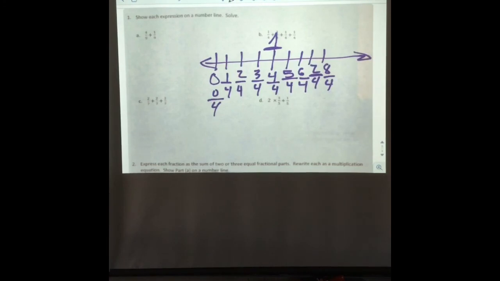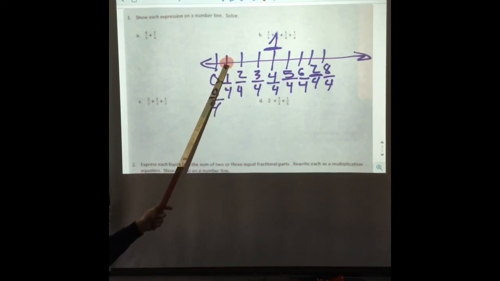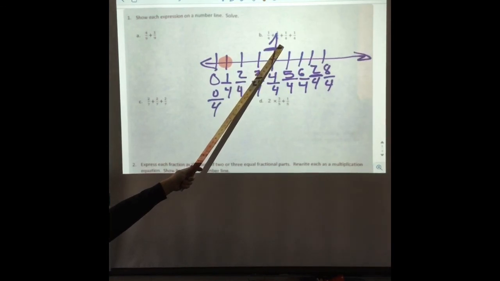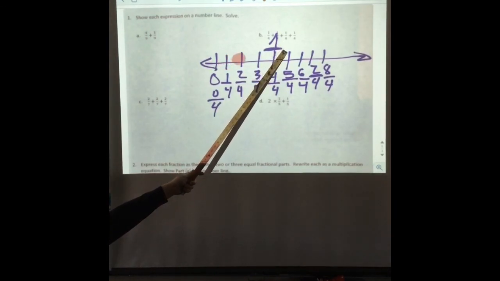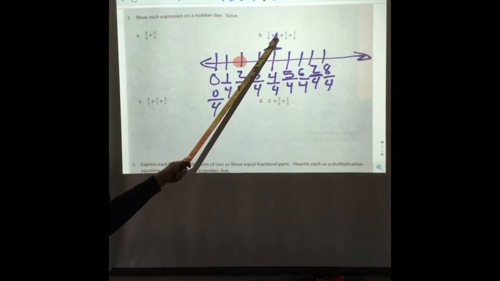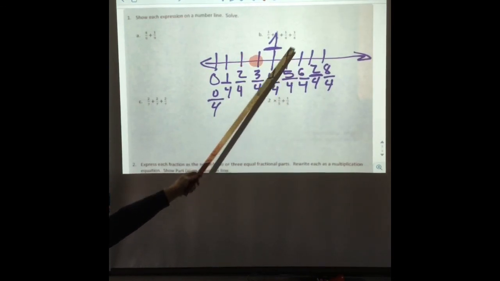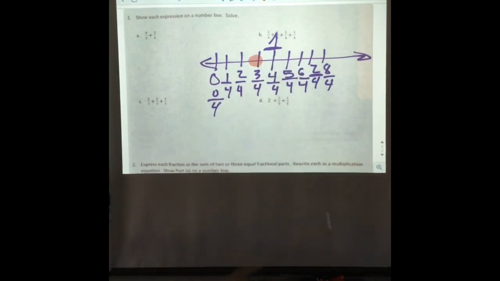I'm going to put my rubber ball here, and I'm just going to move it this time, okay? Where am I going to start my rubber ball? On my 1/4, right? Because it says 1/4. And I'm going to add what? Another fourth, right? Yes. 1. Let's add one more fourth. 2. And let's add the last one. 3.